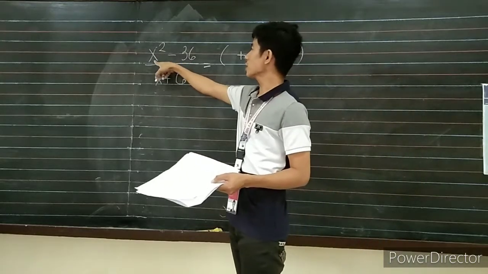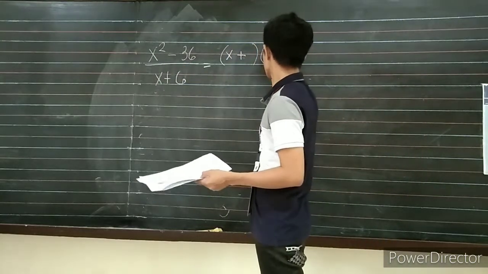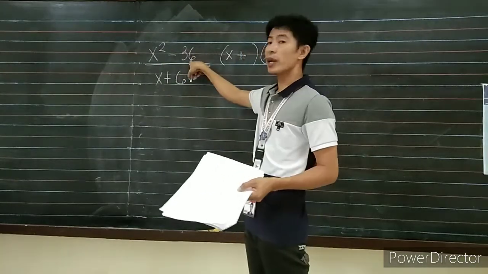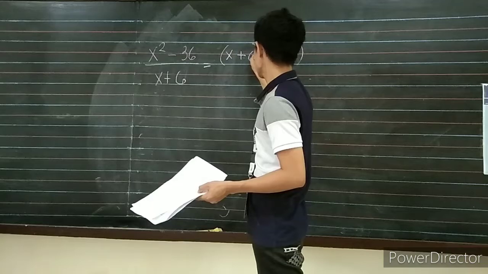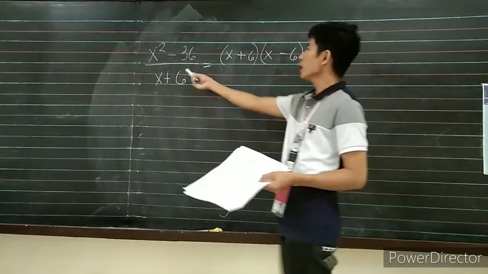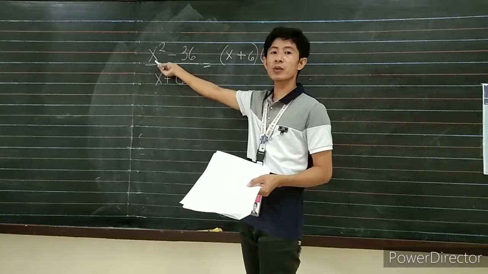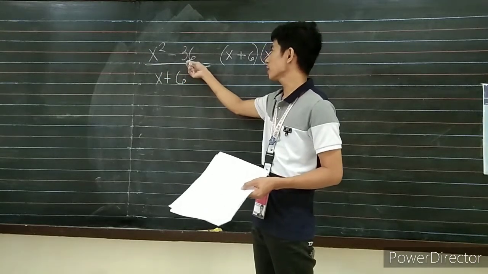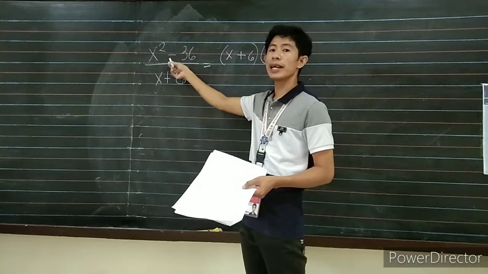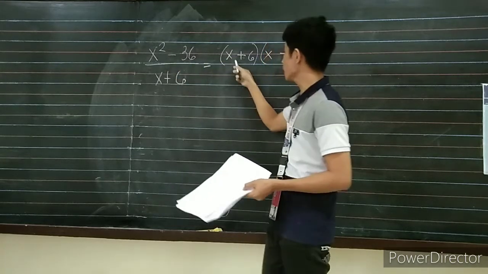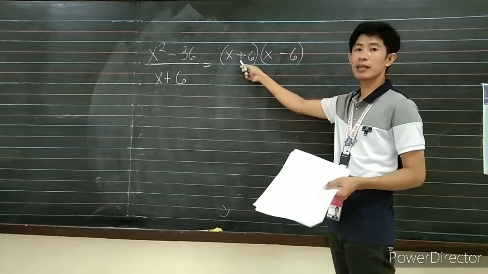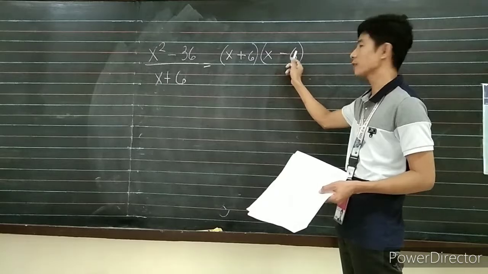The square root of x squared is x. The square root of 36 is 6. If the first term is a perfect square and the second term is also a perfect square, and they are separated by a minus sign, we just factor it as two binomials, one with a positive sign and the other with a negative sign.